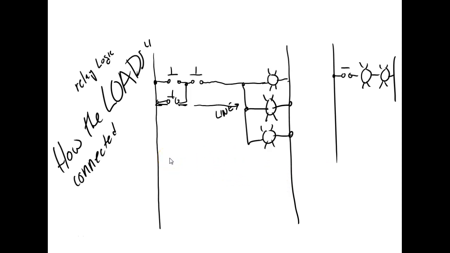Control devices are going to be placed between what? L1 and the rung's loads. What does rule 2 say? Okay, flip it over.